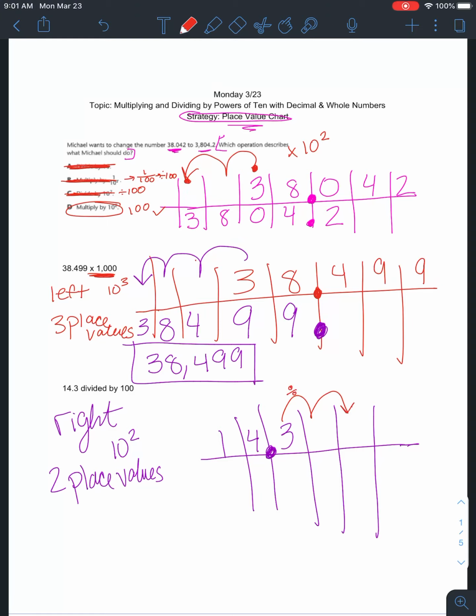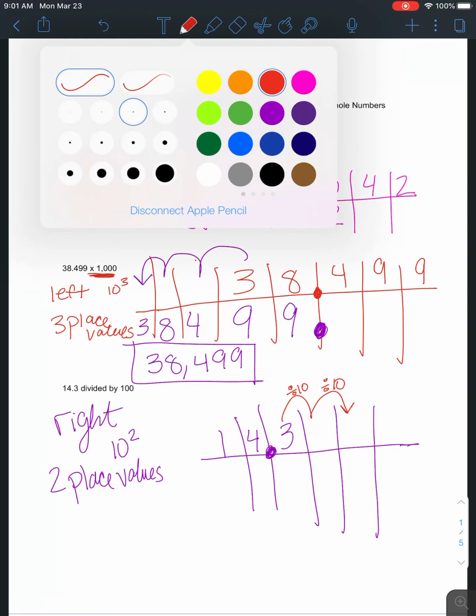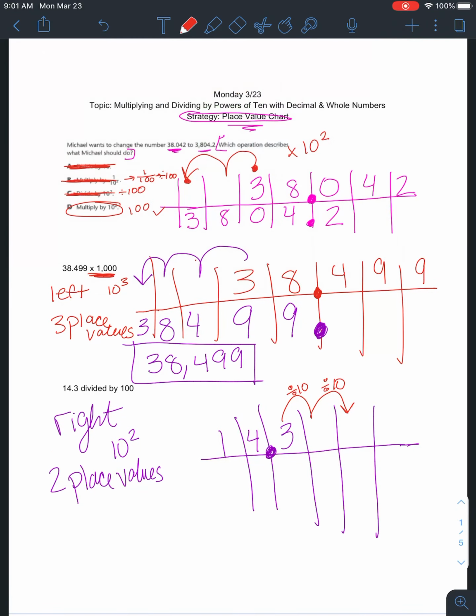That's like dividing by my 2 powers of 10. I'm going to move my 3 over, my 4, my 1, and again, that decimal point stays in the same spot. So I know if I did 14 and 3 tenths divided by 100, that would be 143 thousandths.